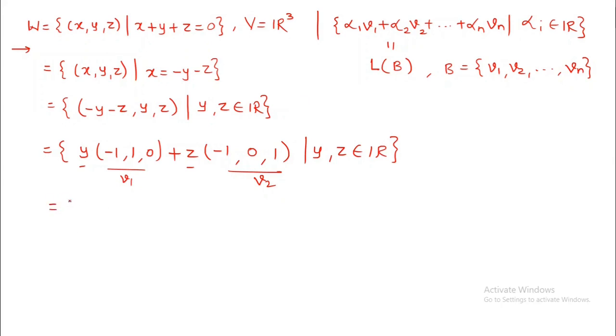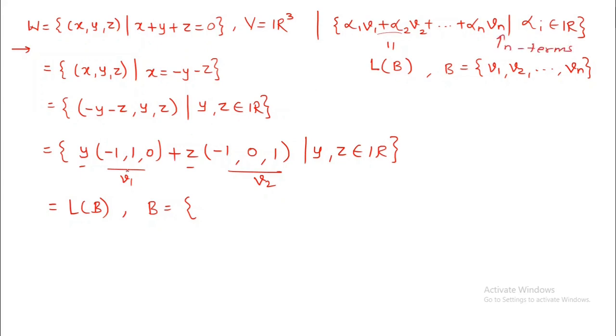So actually this is nothing but the linear span of B. If linear span is defined in this way, then B contains n vectors. Note, there is a summation involving n terms.